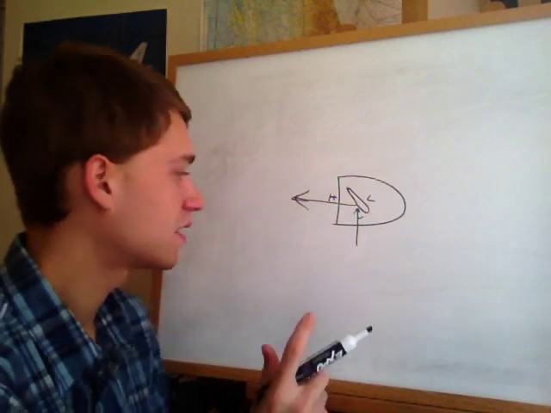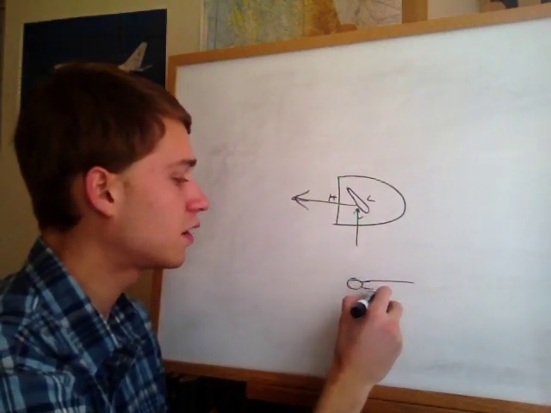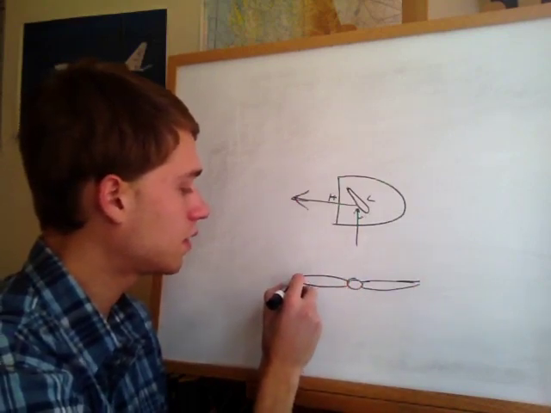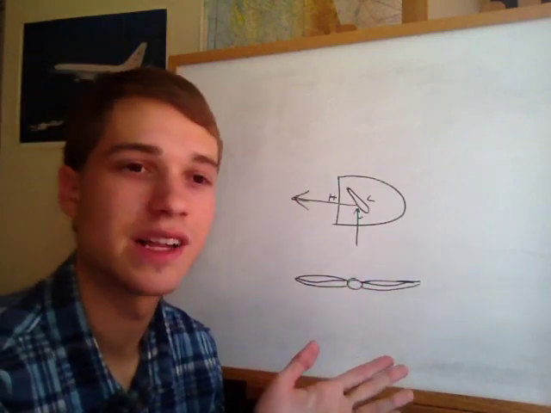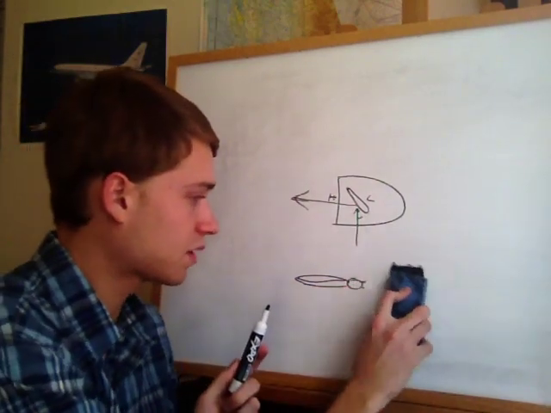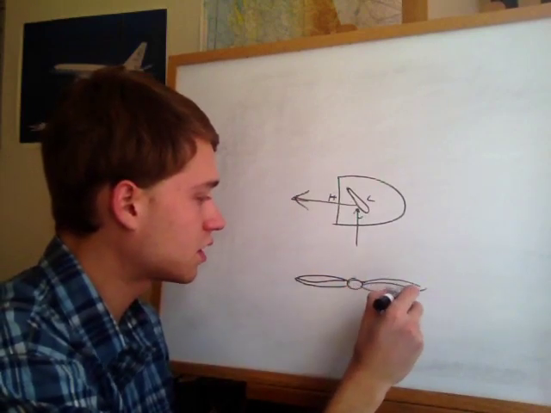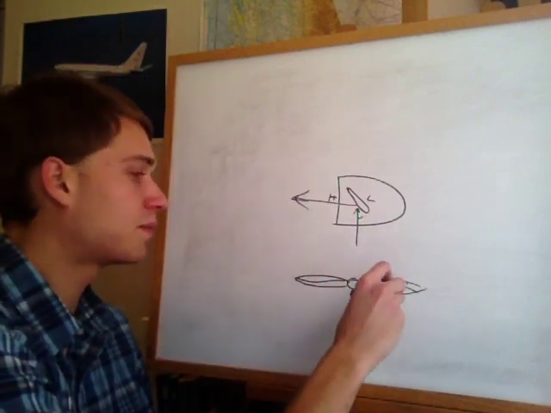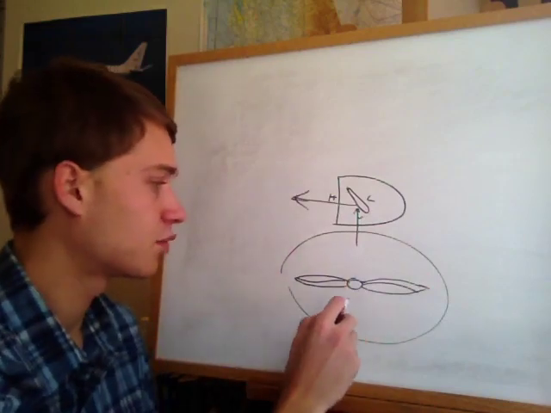Now you'll notice also, as we're talking about propeller design, that propellers are kind of twisted a little bit, and the reason, well, that's really a bad drawing. Let me do that again. So they're twisted a little bit, and the reason you do that is because the outboard part of the wing is actually moving a lot faster than the inboard part.